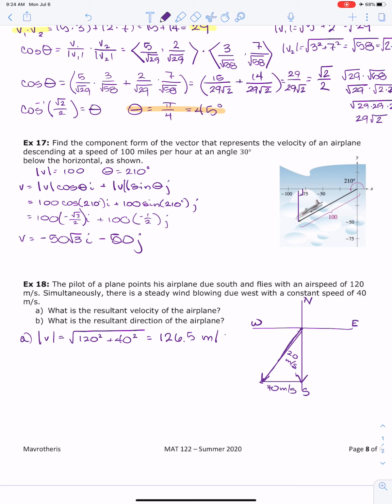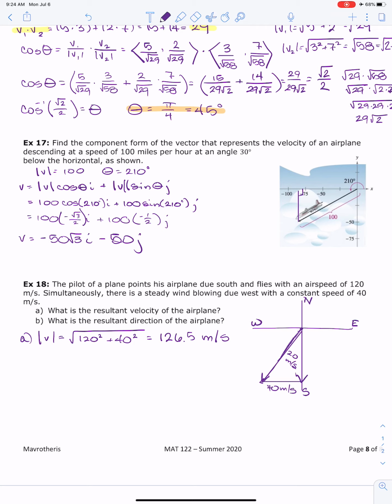So that wind does have an effect on our airplane. And keep in mind, we don't have any interaction. I don't have this pushing against the direction the plane is going, just straight west while our plane is heading straight south. But the result is that the plane is moving at 126.5 meters per second.